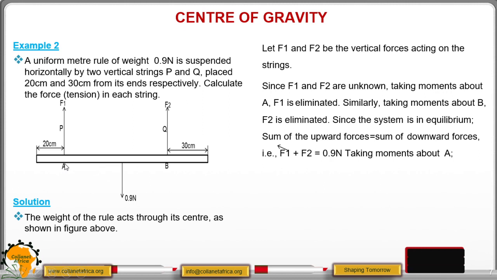This is because if this is the point of support, the distance from here to the same point is 0, so F1 times 0 will be 0. That means it will be eliminated. Similarly, taking moments about F1, F2 will be eliminated. And since the system is in equilibrium, the sum of the upward forces is equal to the sum of the downward forces. So if you add the two forces F1 and F2, you will get 0.9 newtons.